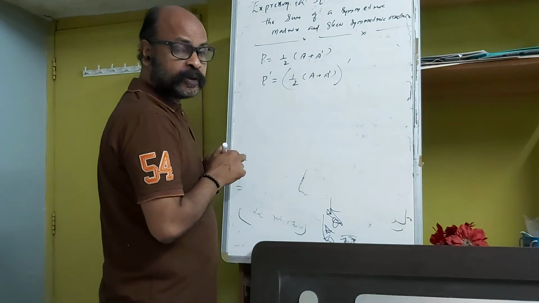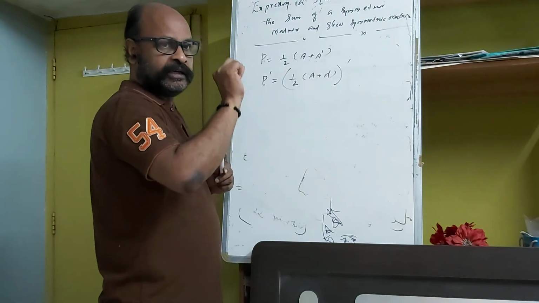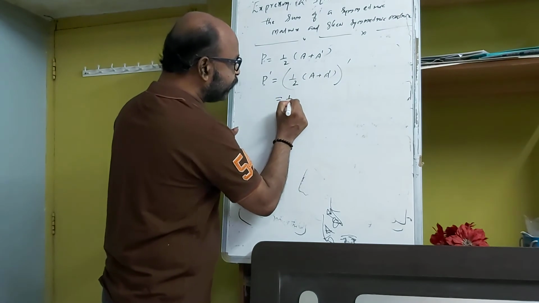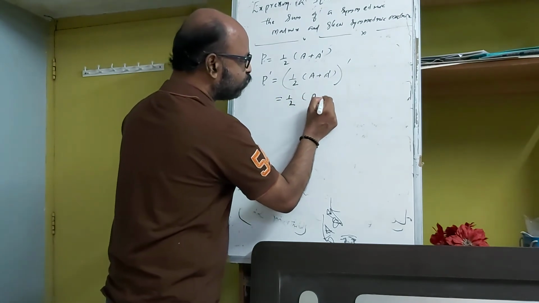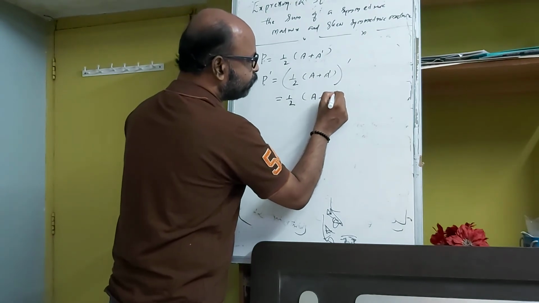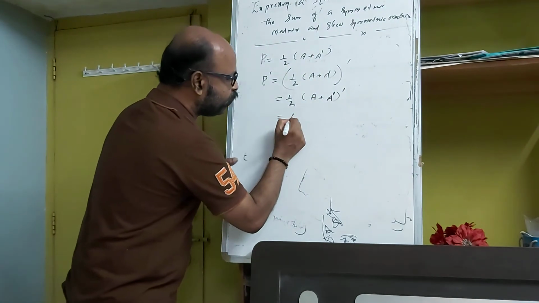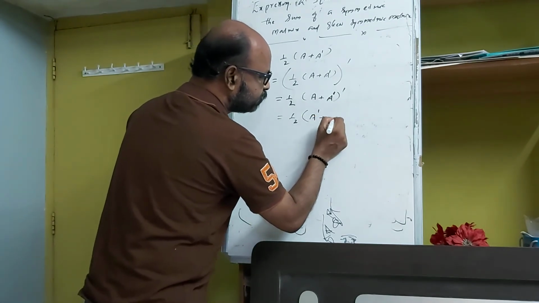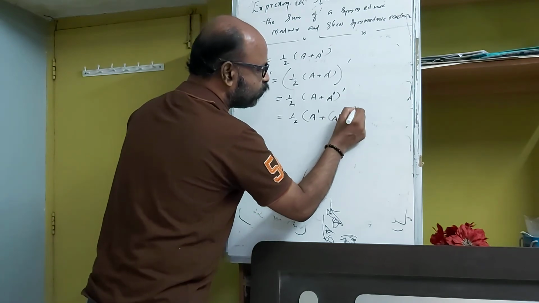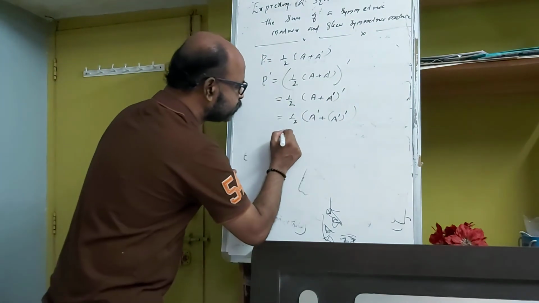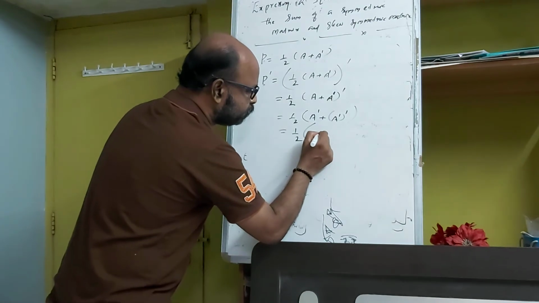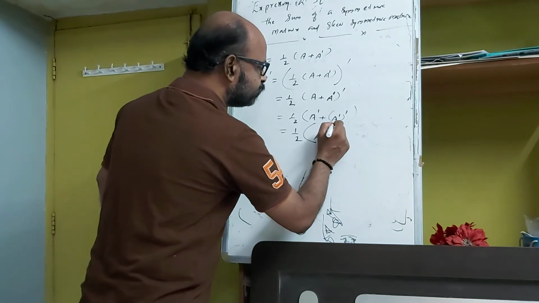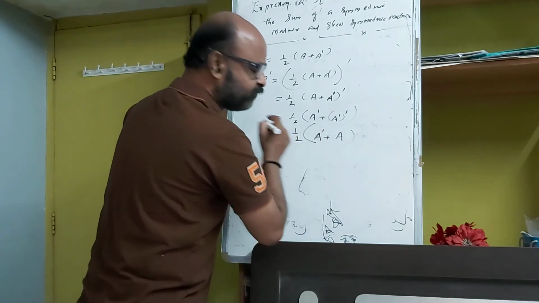According to the property, (kA) whole transpose equals the scalar k, so half remains the same, and the transpose of the matrix A plus A transpose. Then according to the sum property, transpose of first plus transpose of second, it is equal to half into (A transpose plus A). And by the first property, A transpose, the whole transpose, is A itself.